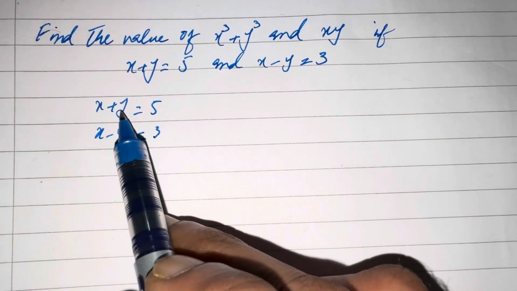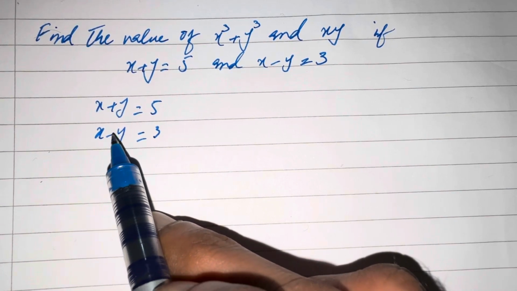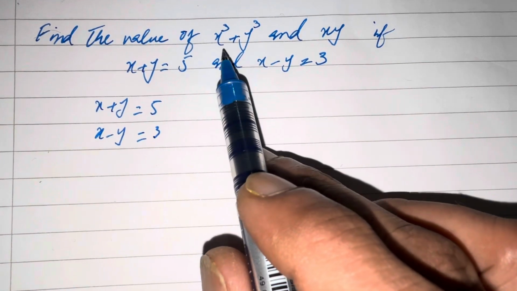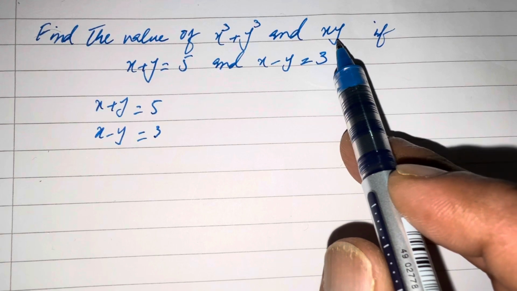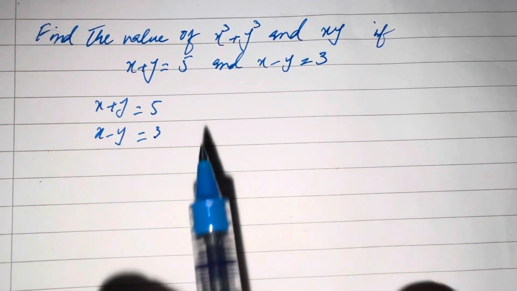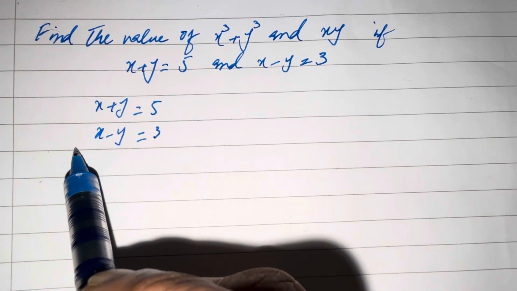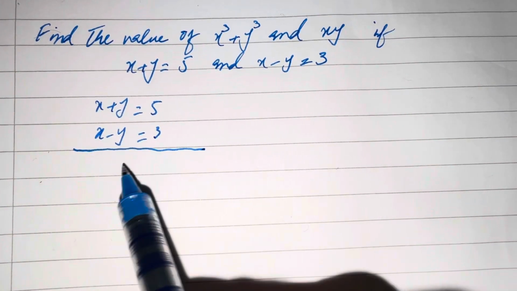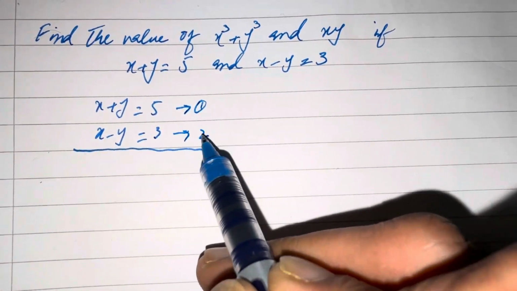If we add these two equations, we can find the values of x and y separately, and then we will put the values of x and y in these expressions. So let's start from this step. First of all, if we add these two equations, you can say this one is equation 1 and this one is equation 2.